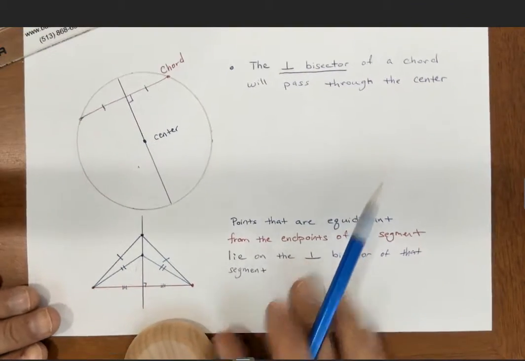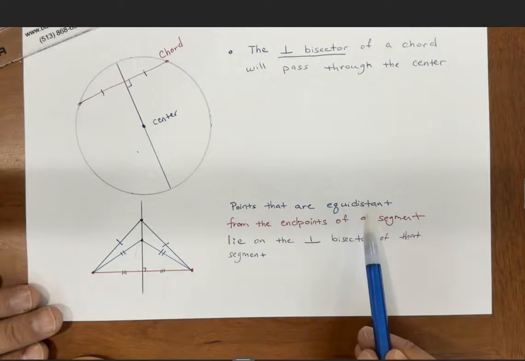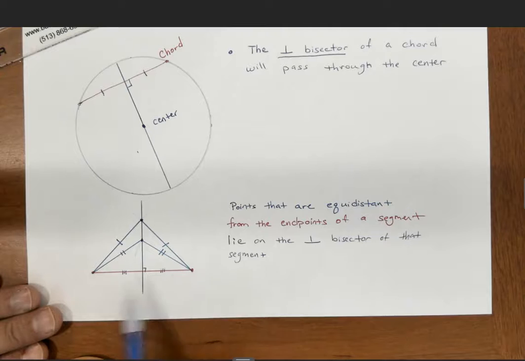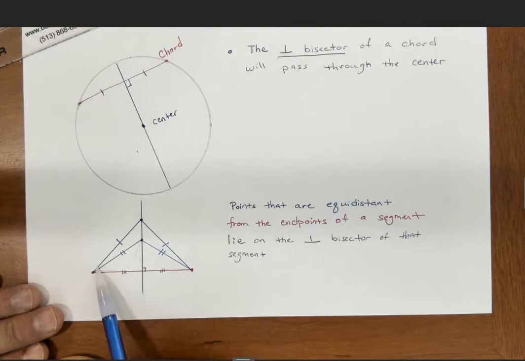Another key fact is a relationship that says points that are equidistant from the endpoints of a segment. So in red here, if you can see the color coding, I have a segment with endpoints, and then I have a point here that is equidistant from these two endpoints. You can see that distance and that distance is the same. And I have a second point, also where the distance from one endpoint to the other is the same.